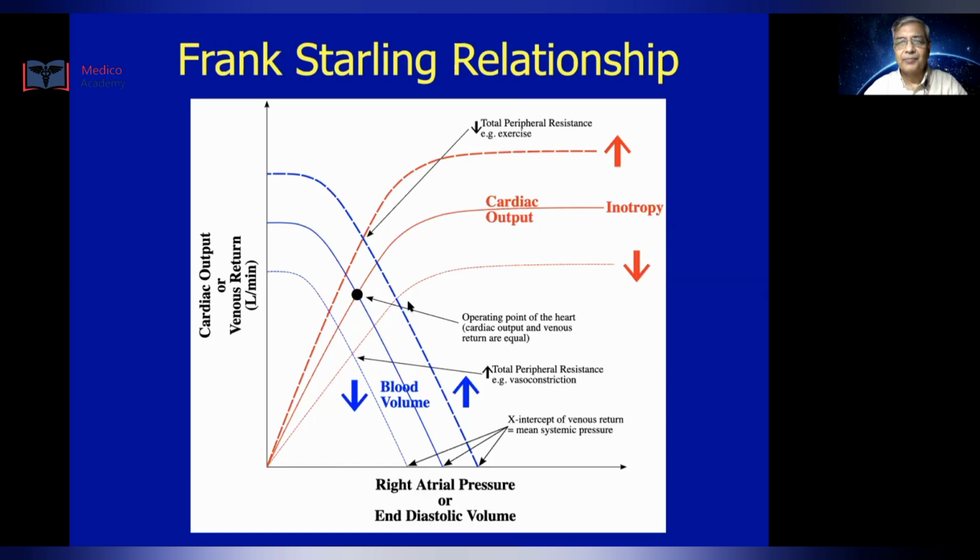In case you give an inotrope to a patient, then positive inotropy will increase the cardiac output further, but this increase in cardiac output can occur only up to a particular range. Beyond that range, in case you give more filling or you give more inotropy, it will not increase the cardiac output anymore.